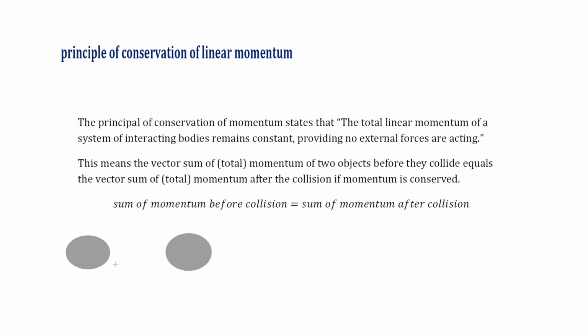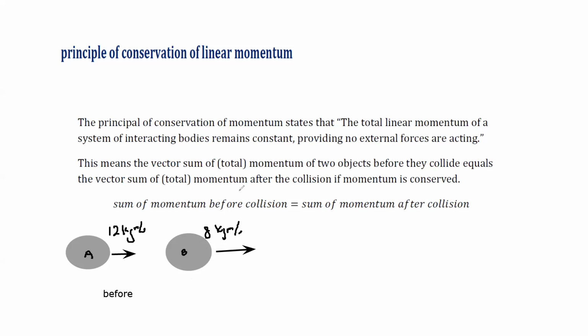moving in the same direction with different momentums. So before they collide with each other, for example, the momentum of object A is 12 kilogram meter per second, and object B is, for example, 8 kilogram meter per second.